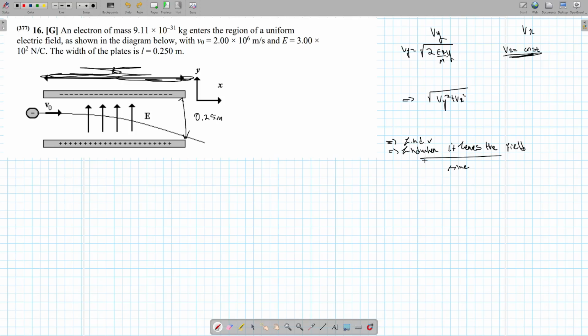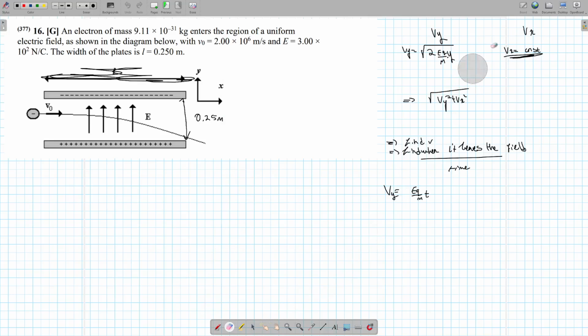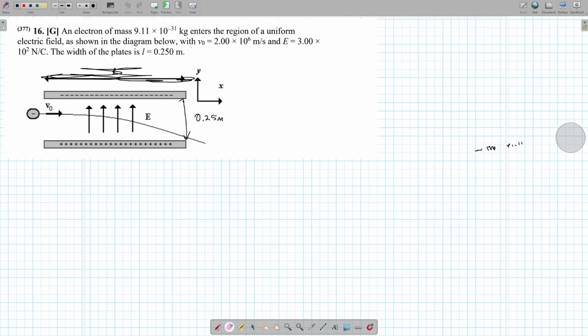In this case, to find the time, remember, Vy is equal to eq over m times t, right? We know Vy, you would have found Vy, and you just equate everything and you would find t. So let's write a small summary. Case 1: horizontal distance given. Case 2: vertical distance given.